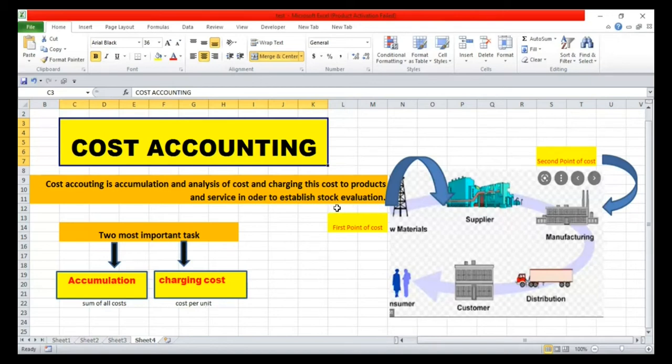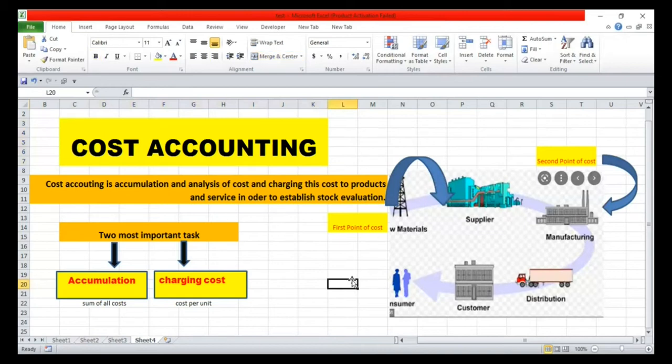So guys, let's discuss what accumulation of cost is. As I said earlier, from bringing material from the supplier to delivering finished goods to the customer, we incur different costs. Accumulation of those costs is necessary so that we know the per unit cost and the total cost that we incur during operations, so that we can associate those costs with our products and services.